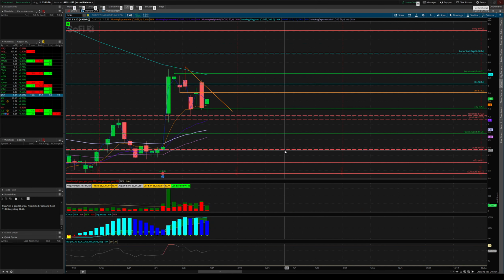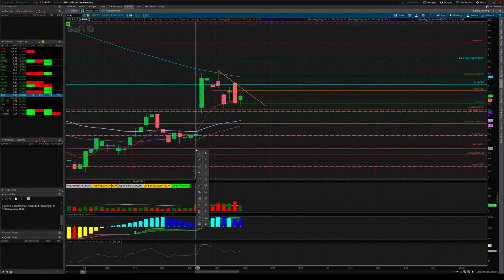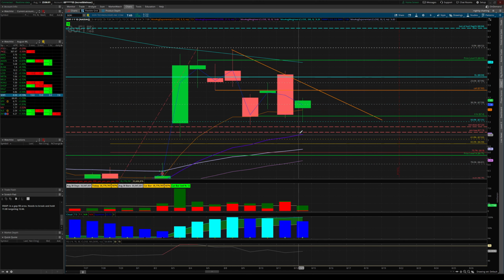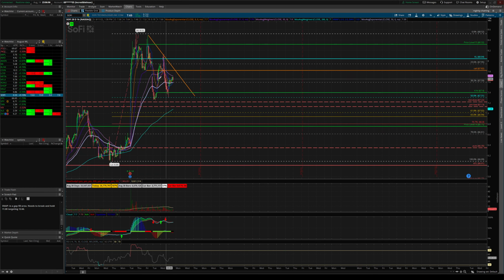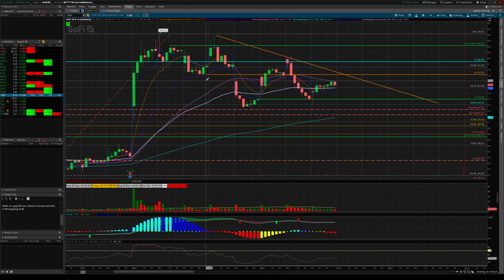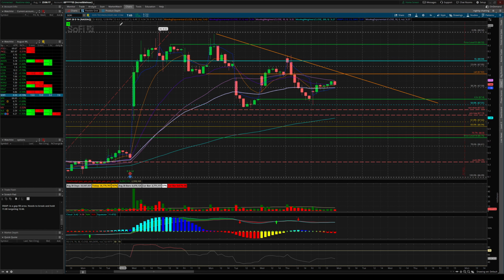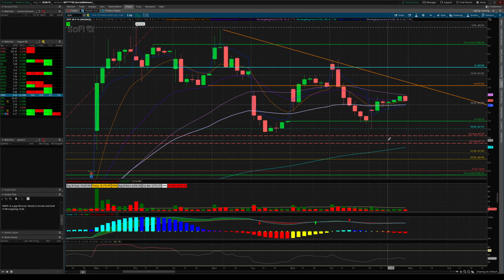So I think what I'm going to do here is take this low point to the top, and that will be my Fibonacci. See, it kind of respects it pretty well right here. This 0.236 level, right? Every single time I apply Fibonacci, it really feels like magic. I don't know how, it's just nature.